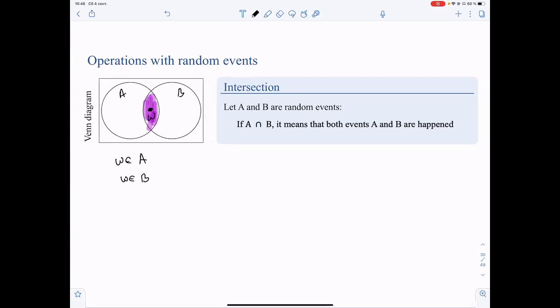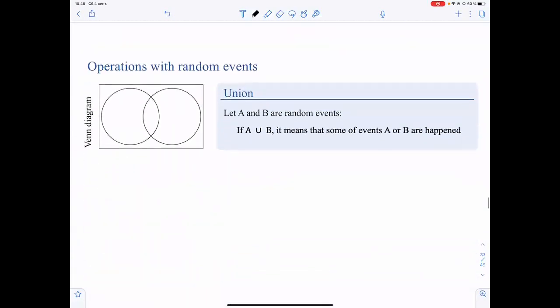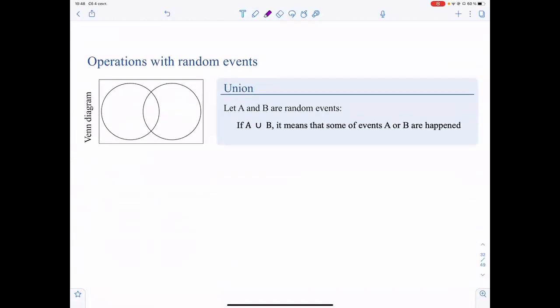Then what is the diagram for union? Speaking about union, once A is unified with B, the new event that we get is covered by both of these circles. Here's A, here's B. This is omega 1, this is omega 2, this is omega 3.